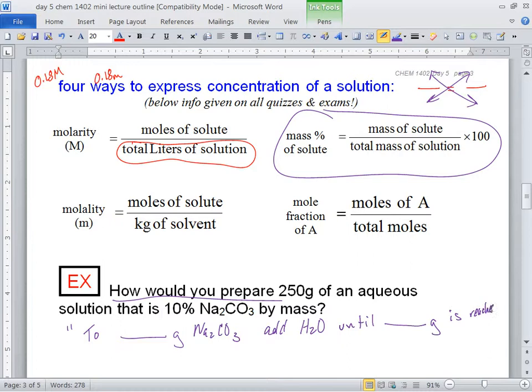Maybe on the balance or something, right? So you keep adding water until you reach how many grams? 250. So there's really only one part that we got to figure out here. That's the grams of the sodium carbonate.